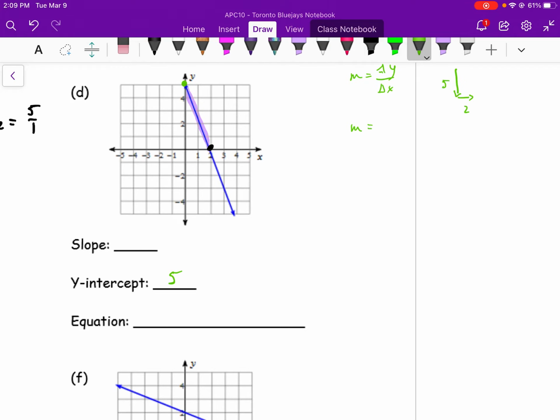My change in vertical would be negative 5, and my change in horizontal would be 2. So the slope is negative 5 over 2. If I have y is equal to mx plus b, my m value is negative 5 over 2, so plug that in. And my b, or my y-intercept, is 5. There is my equation.